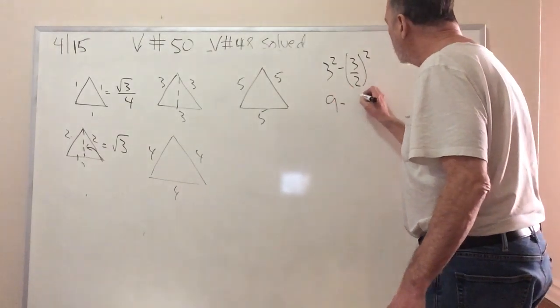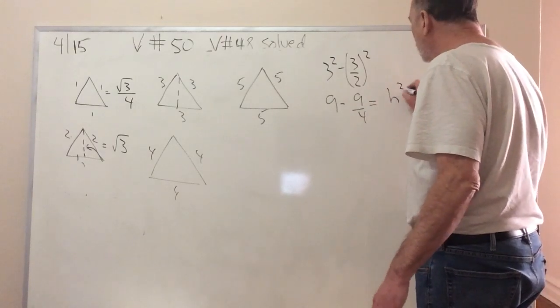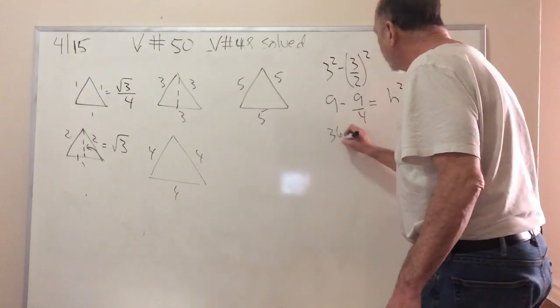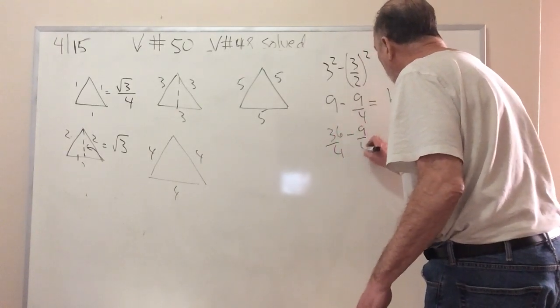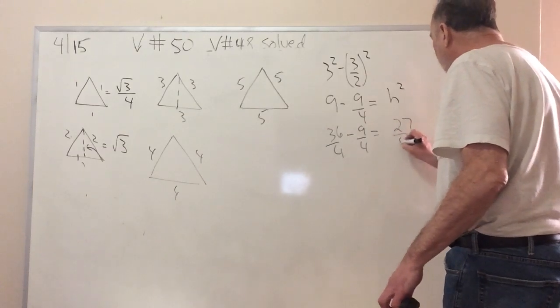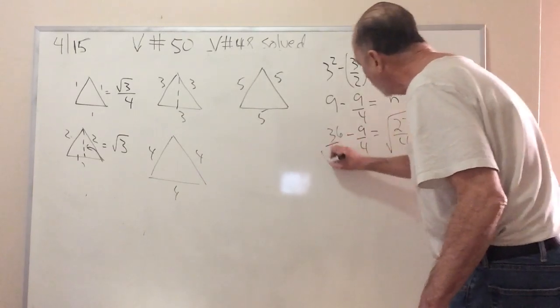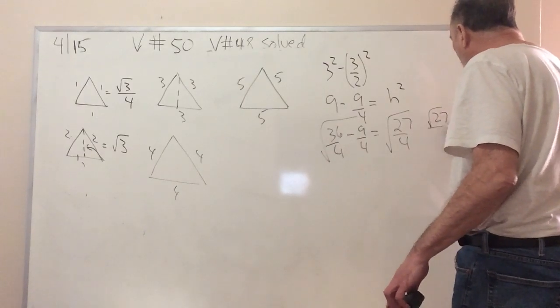So that's 9 minus 9 over 4 equals h squared. That would be 36 over 4 minus 9 over 4. And as we got that the other day, that would equal 27 over 4. And when I take the square root of everybody, I end up with radical 27 over 2.